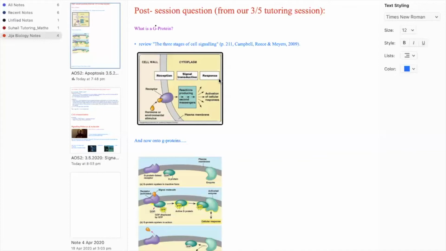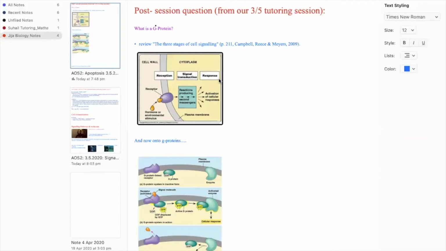Now that we understand this, we have to ask what type of mechanisms of the cell occur. So we understand that the signaling molecule behaves as a ligand, which is the term for a molecule that specifically binds to another molecule.